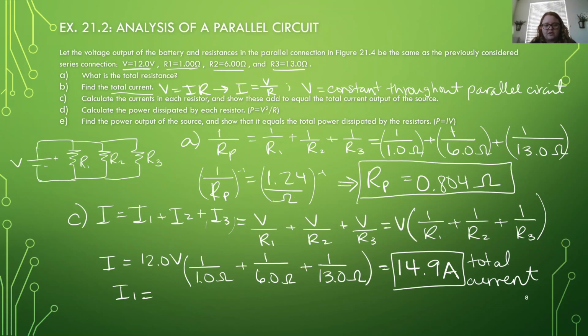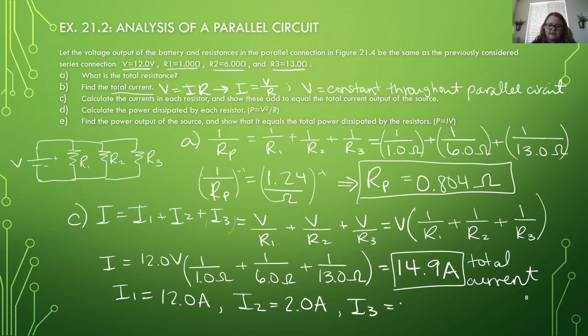So I1 is 12 over 1, so that's 12 amps. I2 would be 12 over 6, which is 2 amps.